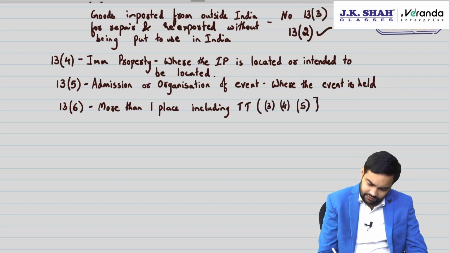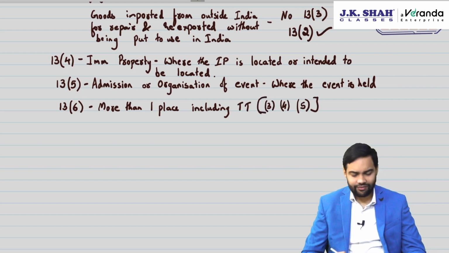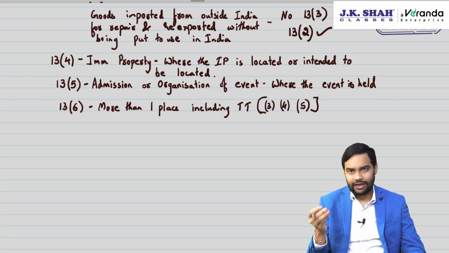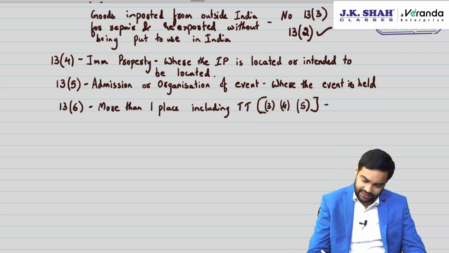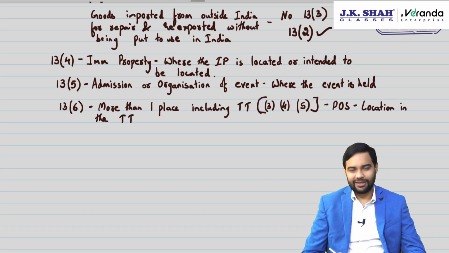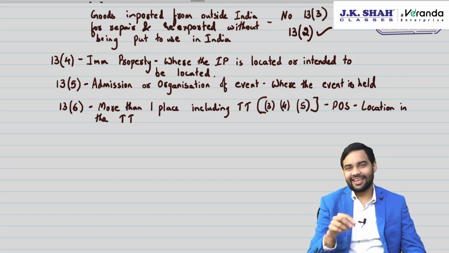So the services in the nature of 3, 4, 5 are being provided at more than one place, out of which one of them is in the taxable territory. Then the law says the place of supply for the entire service will be the location in the taxable territory. So say suppose the consumption is happening at more than one place and one of them is in India. Then in that case, for the entire contract, the place of supply will be India.